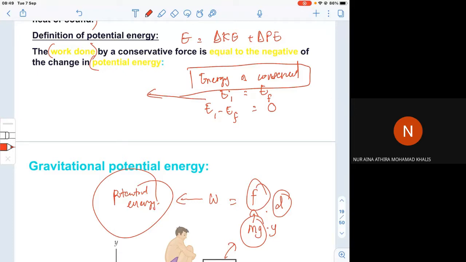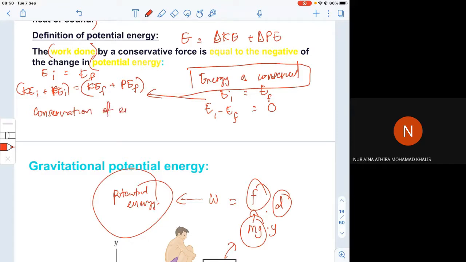EI equals EF. Energy initial equals energy final. So what is energy? KEI plus PEI is equivalent to KEF plus PEF. So this is initial and this is final.